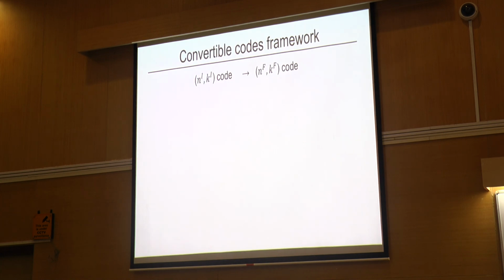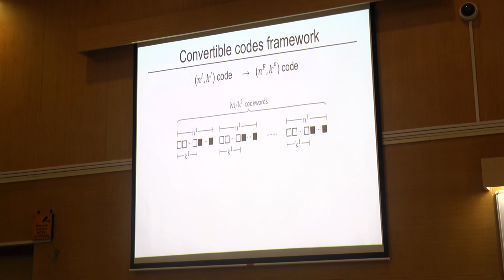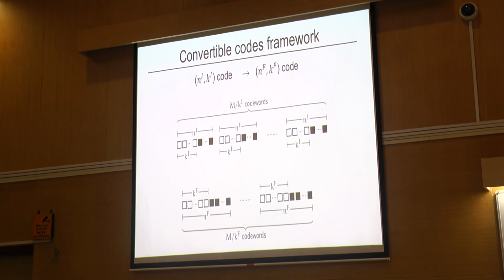Okay, so we have an (nI, kI) code going into an (nF, kF) code, right? And so this is a good picture to keep in mind. We will have multiple initial codewords. Empty blocks are data blocks, shaded blocks are parity blocks. And then we are going into multiple different final codewords, right?